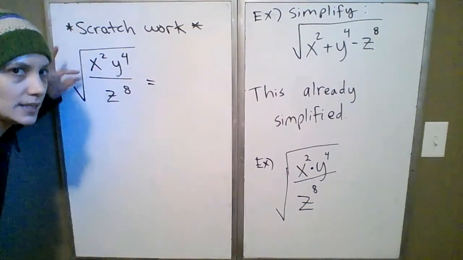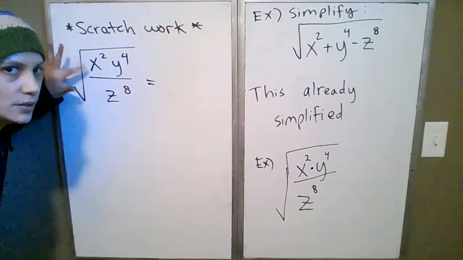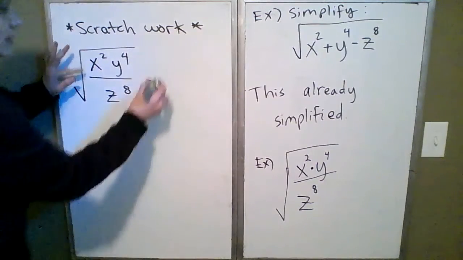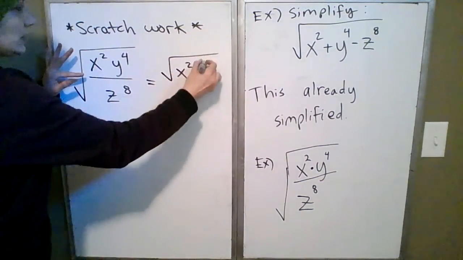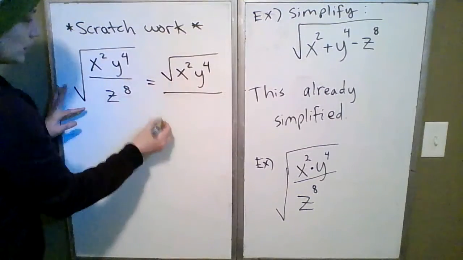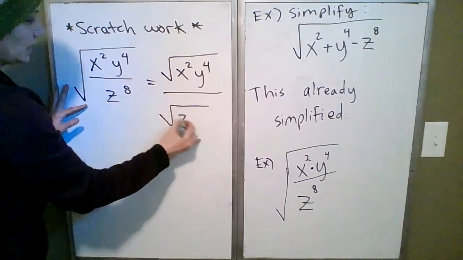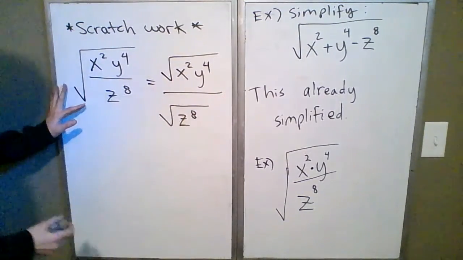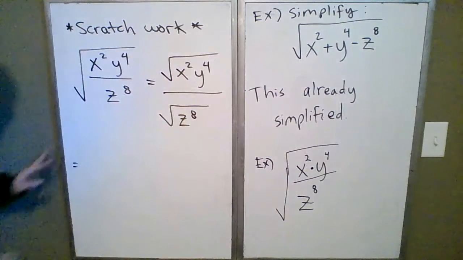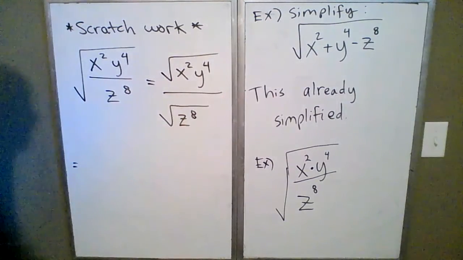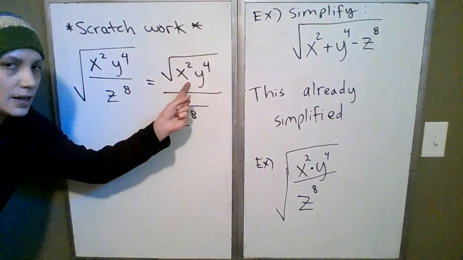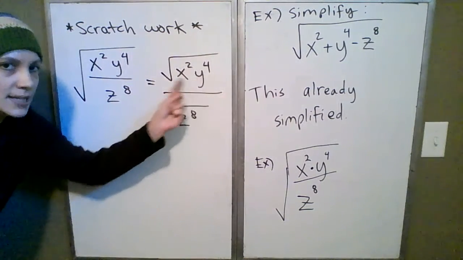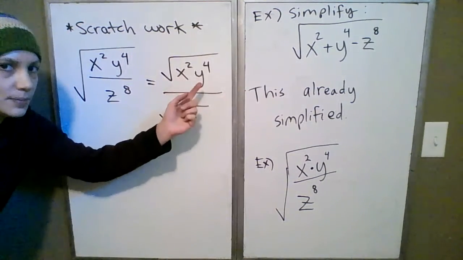What I would do next is break this up into the root of the numerator, x squared y to the 4th, divided by the root of z to the 8th. Then I'm going to just go ahead and keep this together.